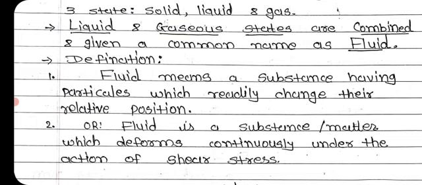In case of liquid, the particles are largely spaced and placed in a random manner. While in case of gas, the particles are randomly placed and the distance between them varies.